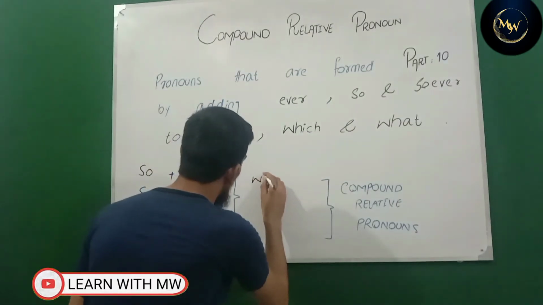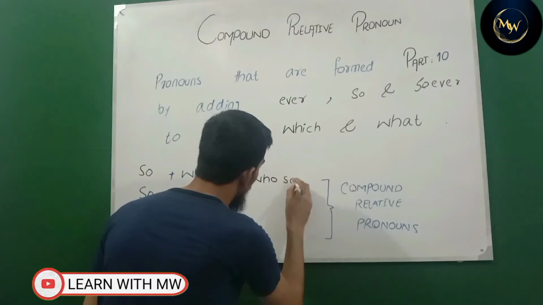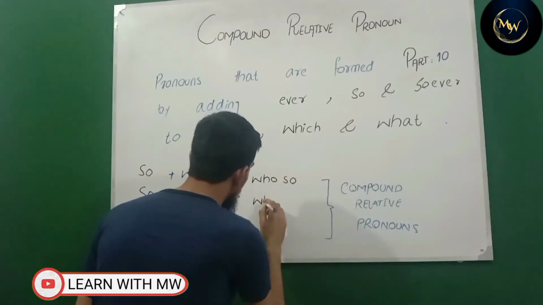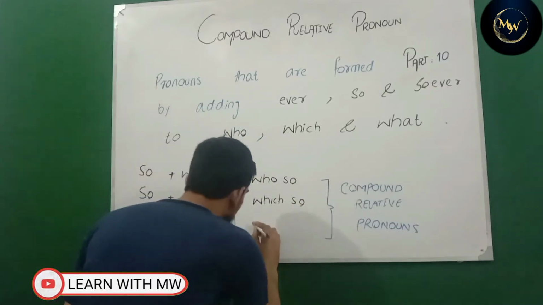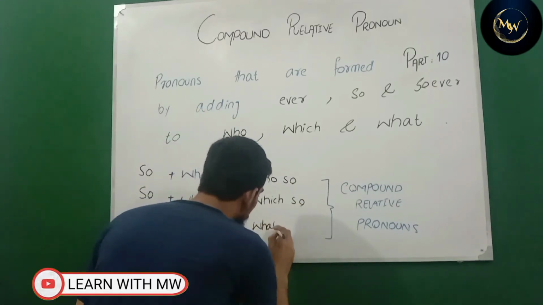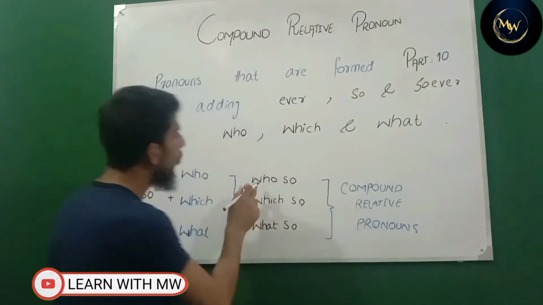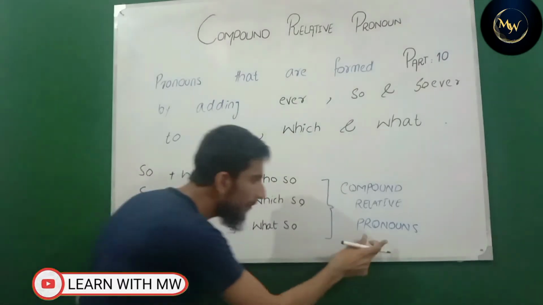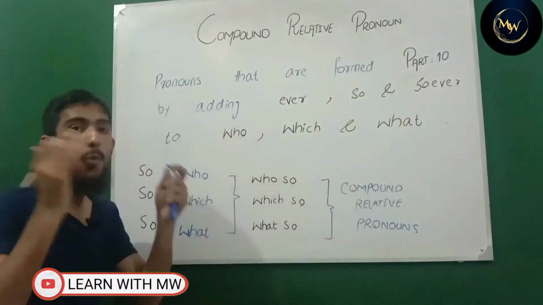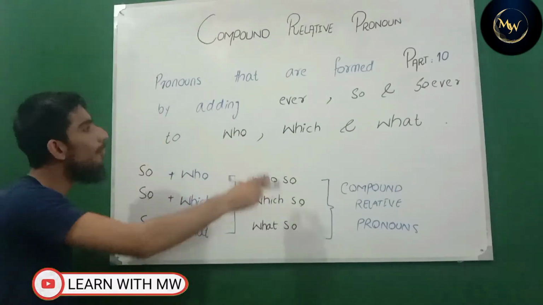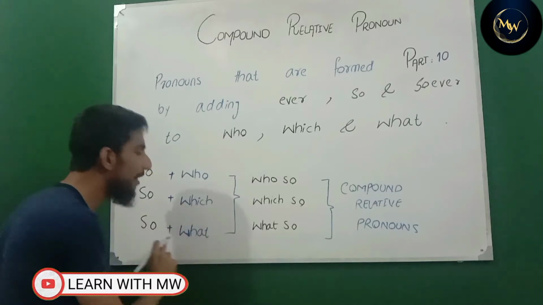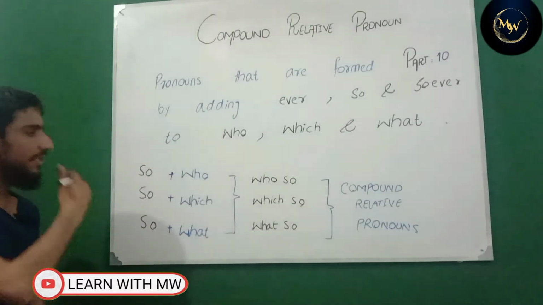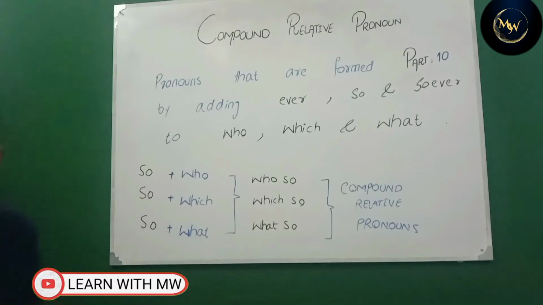Look at whoso, whichso, and whatso. So whoso, whichso and whatso are compound relative pronouns. Why are they called compound? Because they are formed by adding so to the relative pronouns who, which, and what. Now take a screenshot.